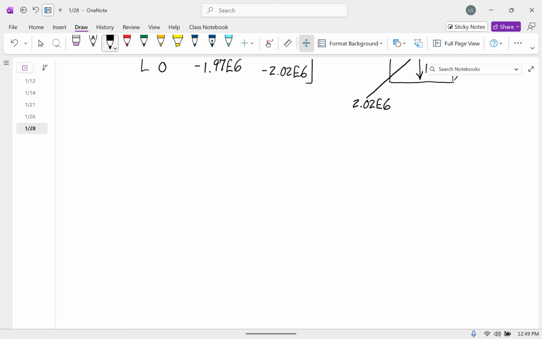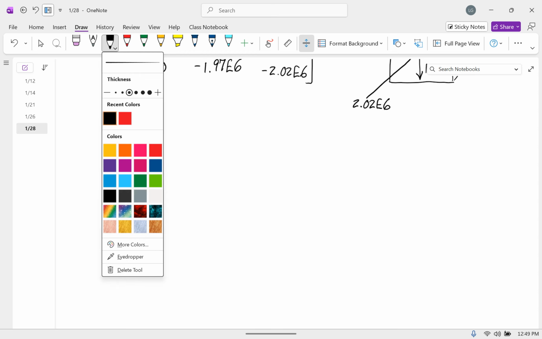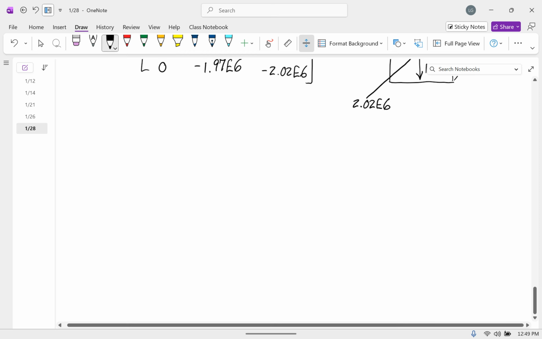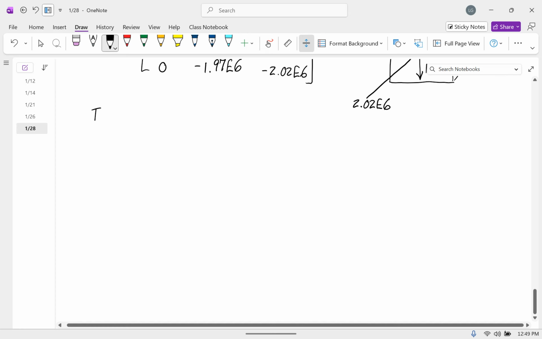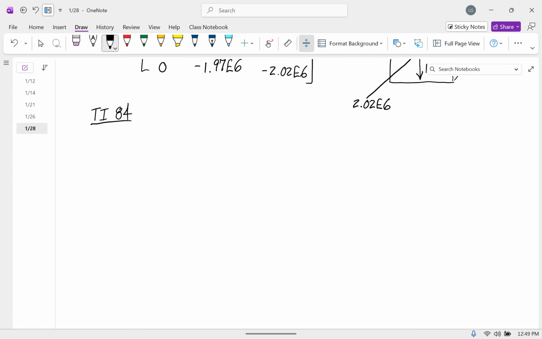Okay, so for a TI-84, I think for an 83, maybe you do something similar, but okay, so if you have a TI-84, go to Program.